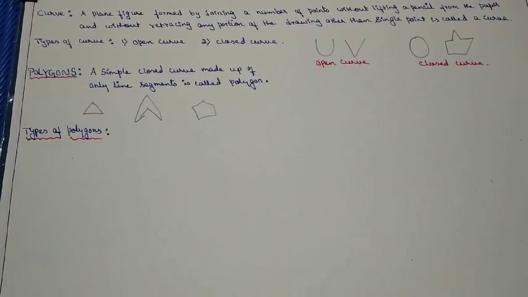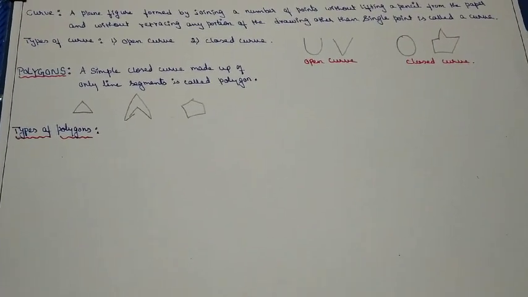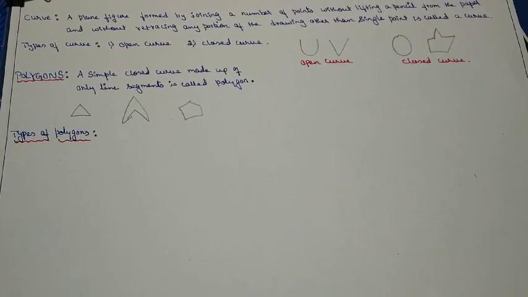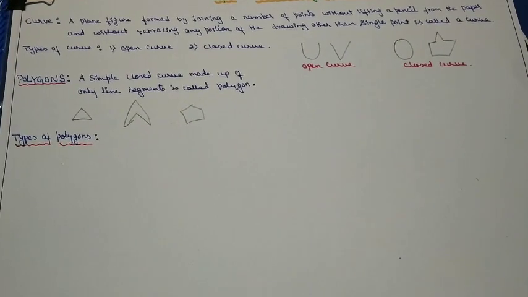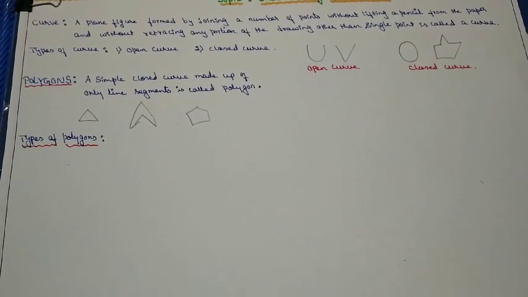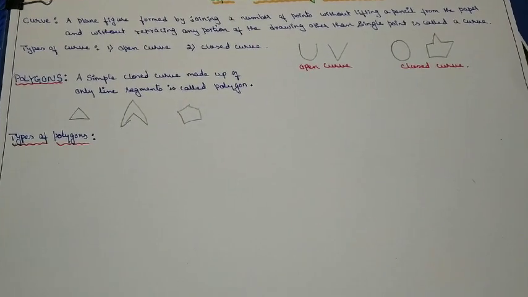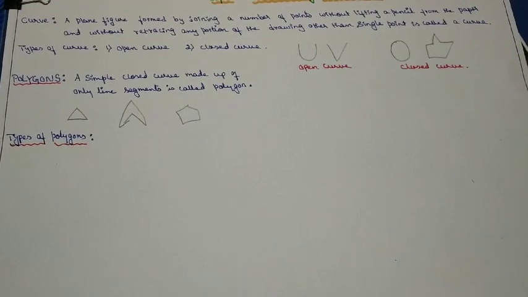If it has 5 sides, a pentagon. If 6 sides or 6 vertices, a hexagon. 7, heptagon. 8, octagon. 9 sides or 9 vertices, nonagon. 10 sides or 10 vertices, decagon.